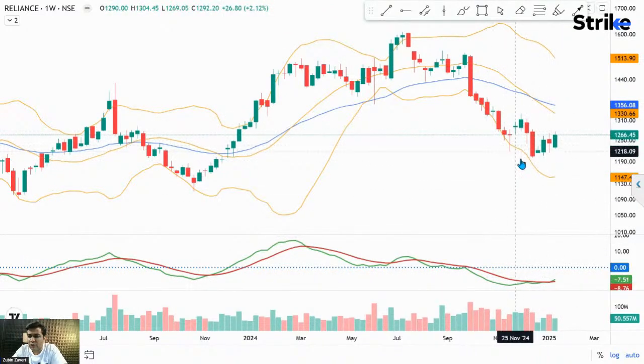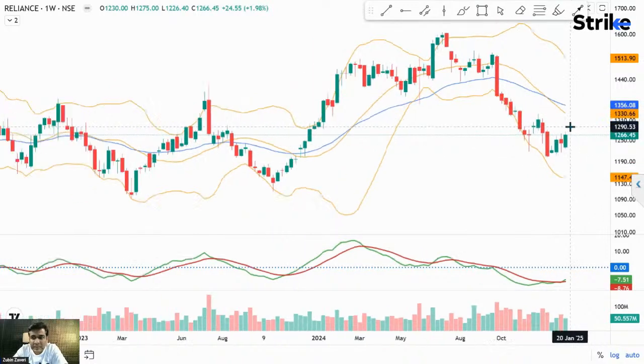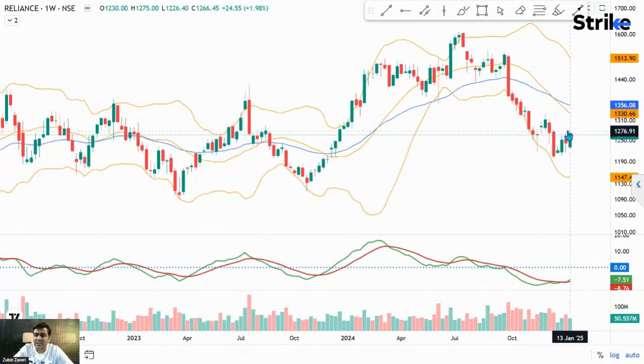Kind of a volatility divergence. Prices had gone below its lower Bollinger Band, and this time, during the second low that it made over here, it did not even touch the lower band. So maybe the prices are trying to revert back to its mean, to this median line, which is currently placed at 1330. So maybe Reliance inching a little bit upwards can help Nifty also inch upwards.